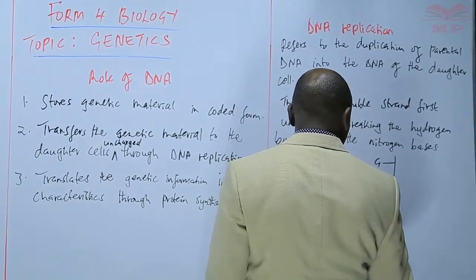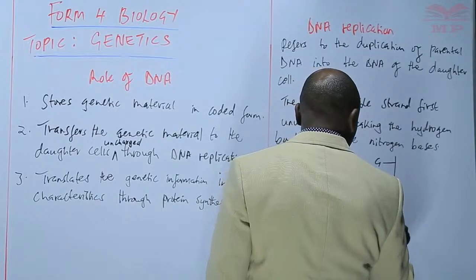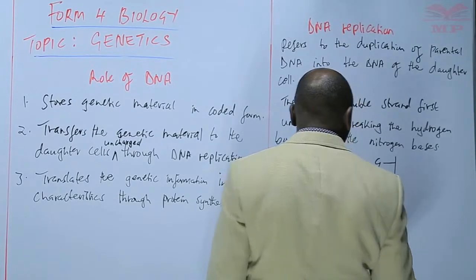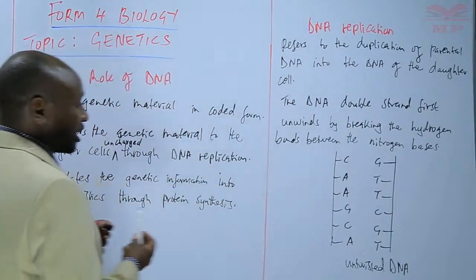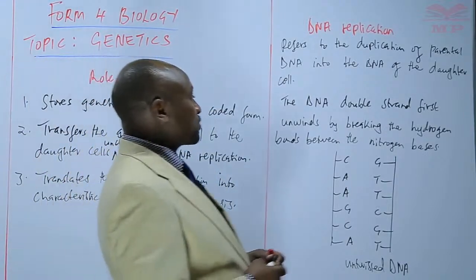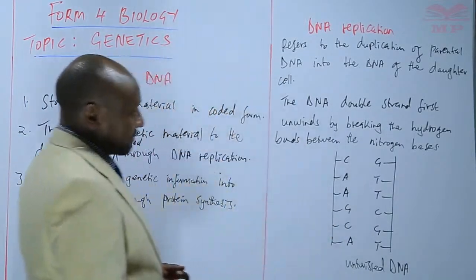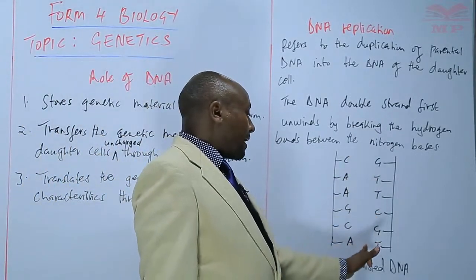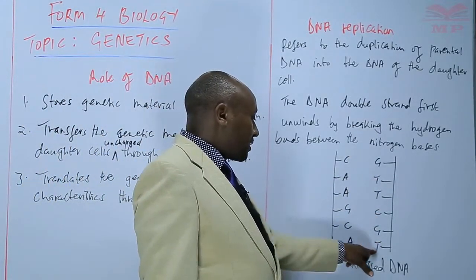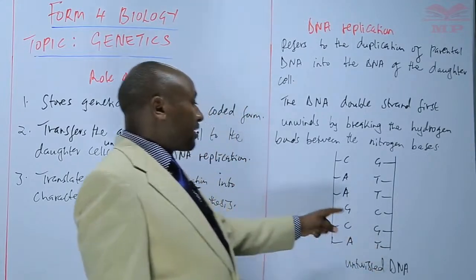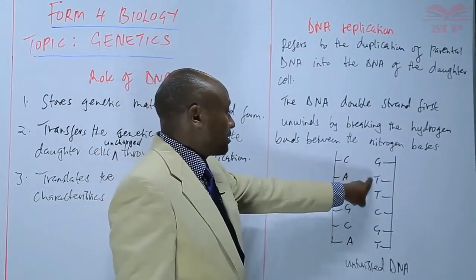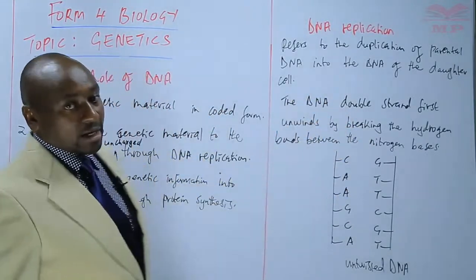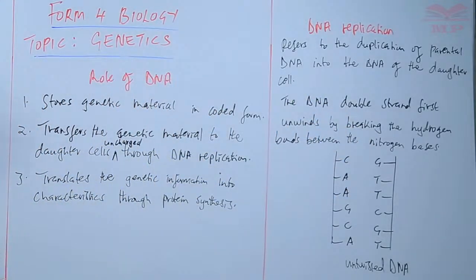So that is now the untwisted DNA after it has gone through the first step. It untwists by breaking the hydrogen bonds that were making it coil around each other.